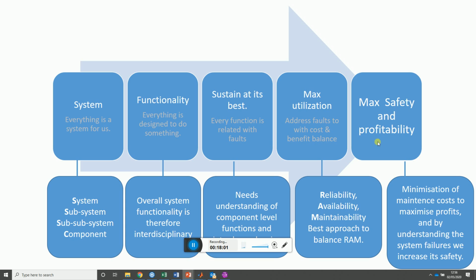So I can use my system for the purpose it's designed for, which gives me utilization, and that gives me profitability as, for example, an enterprise. So minimization of maintenance costs to maximize profit, and by understanding the system failures, we increase its safety.